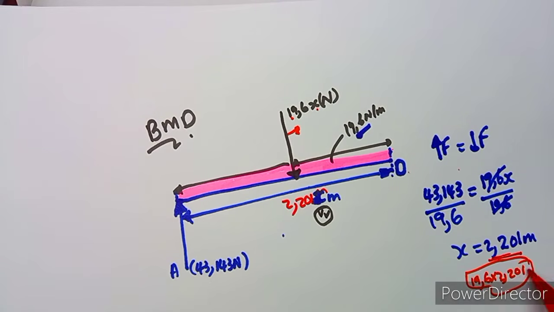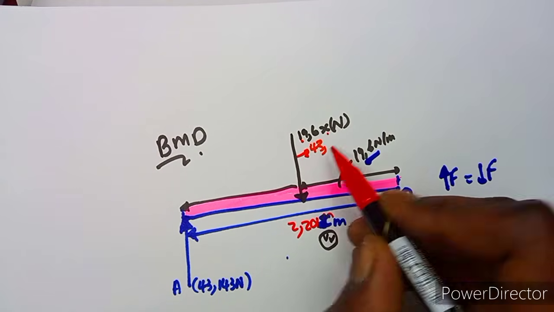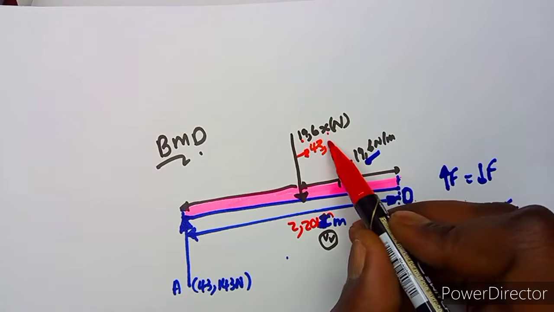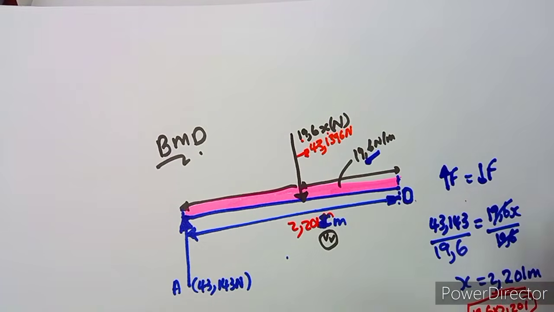That will enable us now to know the actual force that is there, and this will be something like 43.1396 Newton. So that is going to be the force that is there.